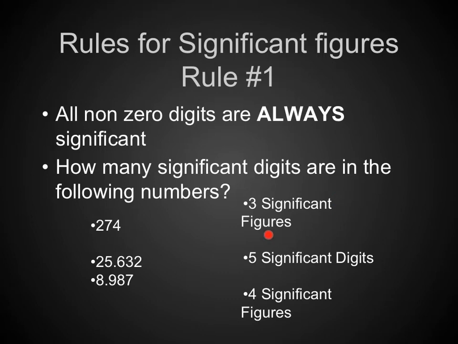There are no zeros here, so they're all significant. All 5 of these numbers are significant digits. And finally, this one has 4 significant figures. Write those down so you have examples. Draw yourself little arrows so you understand that this one has 3, this one has 5, and this one has 4.